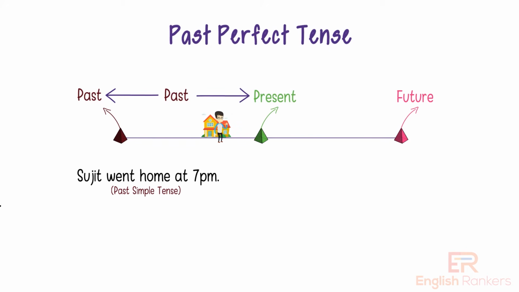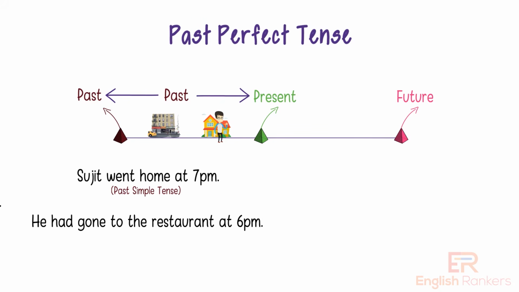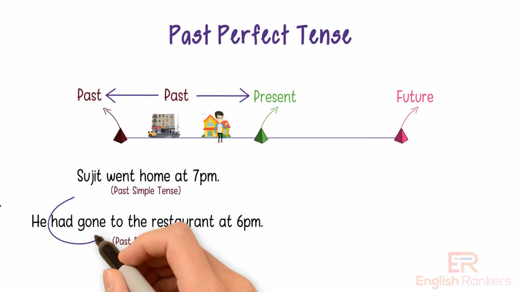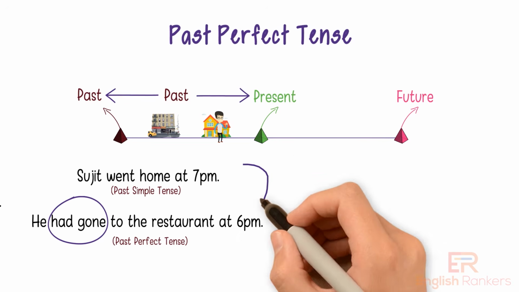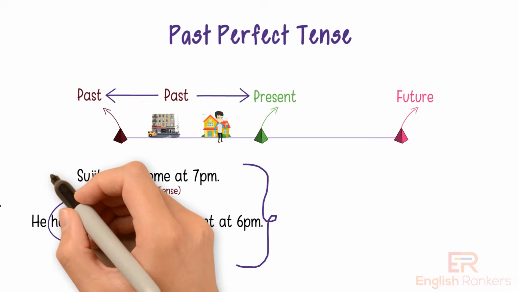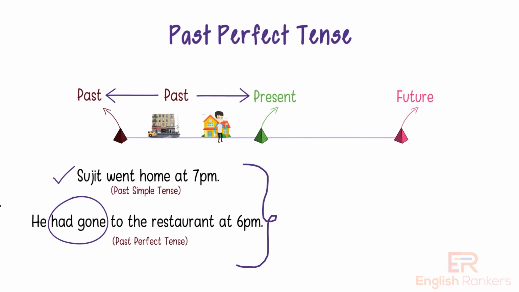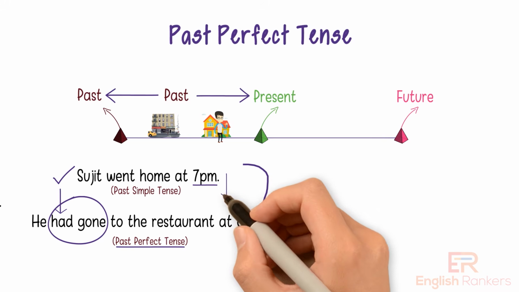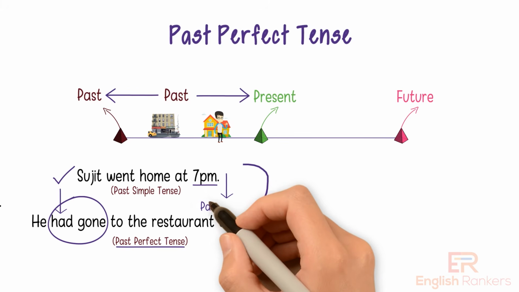But what happens if we have something that happened before Sujit went home? Suppose he had gone to a restaurant at 6 p.m. This is called the past perfect, as it contains had gone. So all of this is the past, but we have past simple tense, and everything before it is past perfect. So we establish a time in the past, and then everything before this time is past perfect.